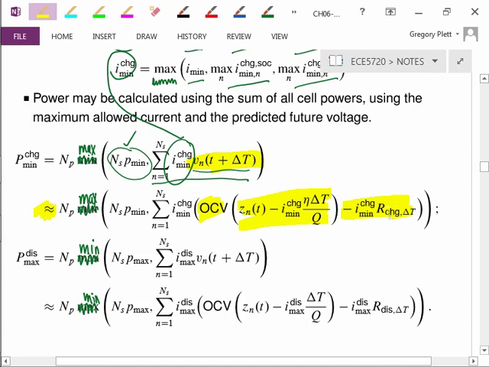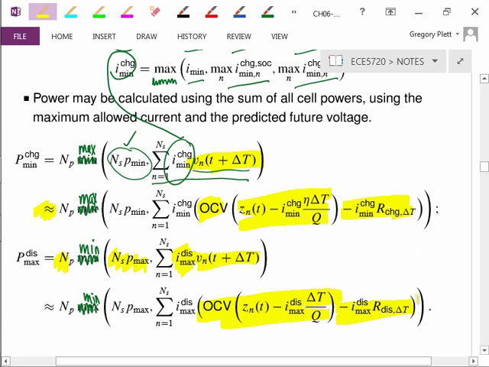The maximum discharge power is very similar. I take the number of cells in parallel and multiply by the minimum of these other powers, which is either the number of cells in series times the maximum rated power of a cell, or the summation over all the cells in series of the maximum current I've computed as possible times the future voltage of that cell, and the future voltage of that cell is the future OCV of that cell minus the current times the resistance of that cell.